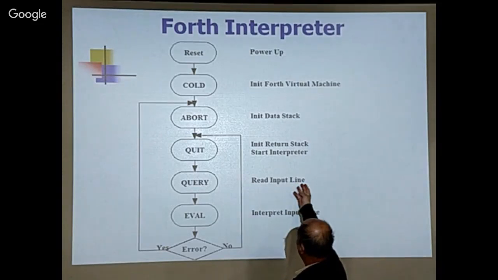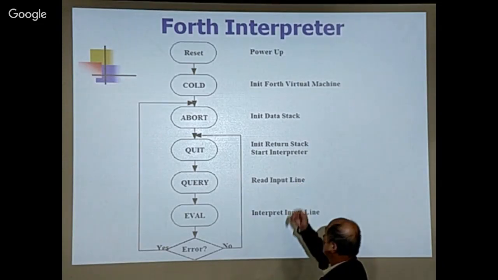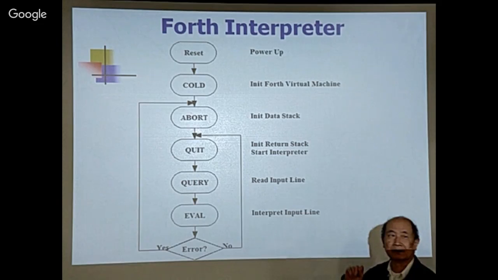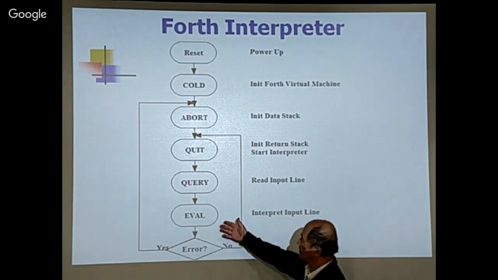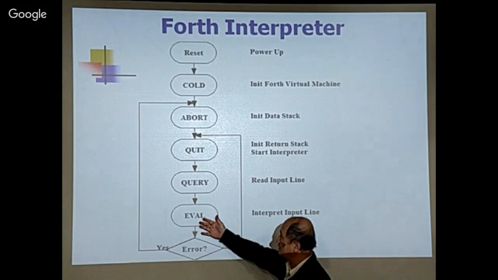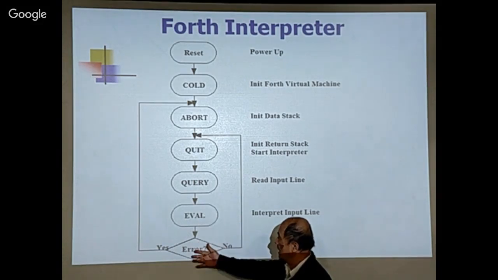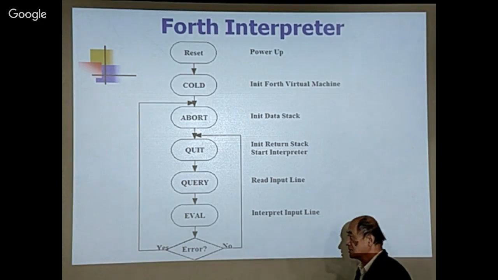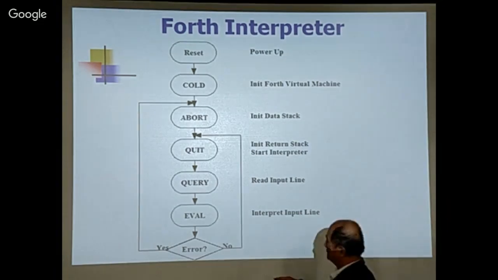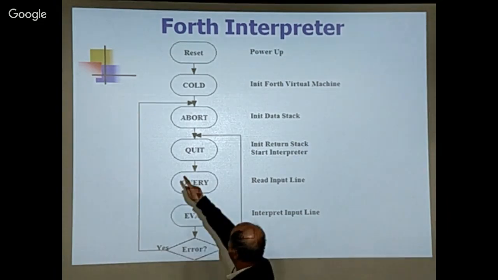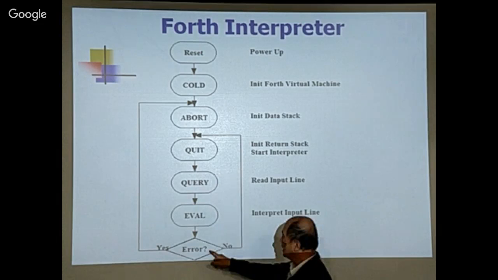During or after the interpretation, there is a mechanism to detect whether there's an error. If an error occurred, Forth goes back to abort. And if there's no error, it goes back to quit to get the next line.